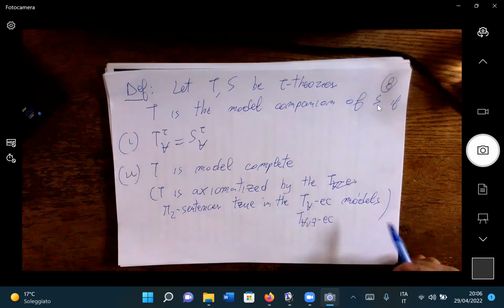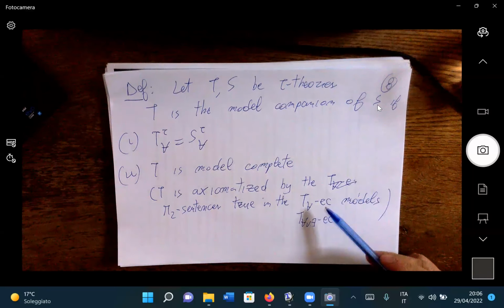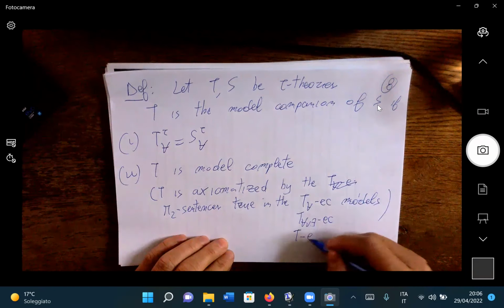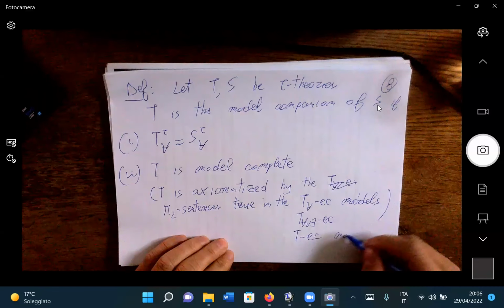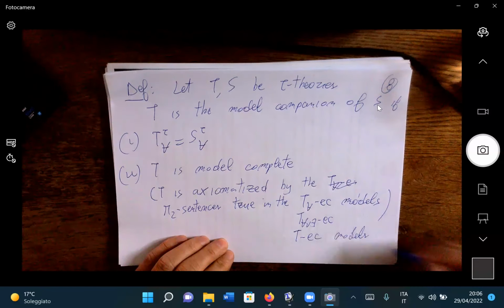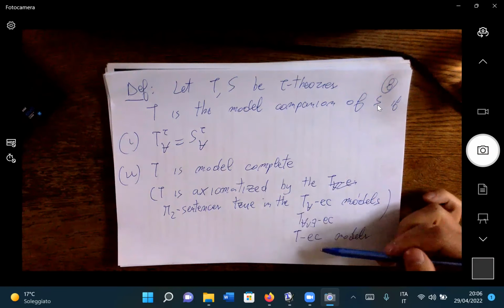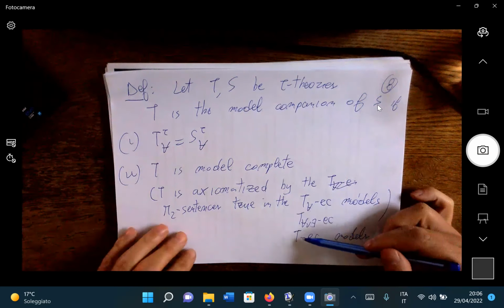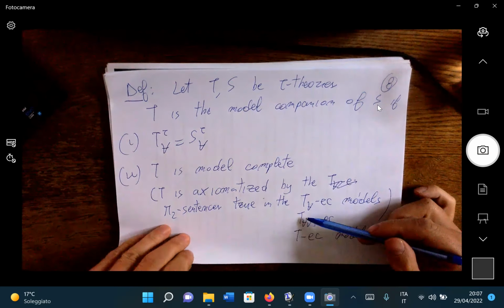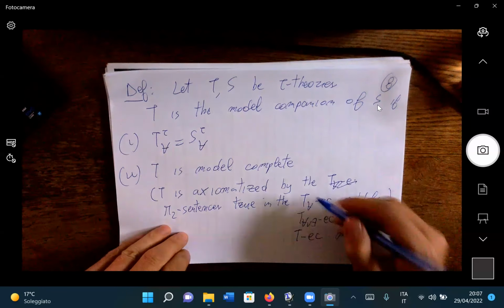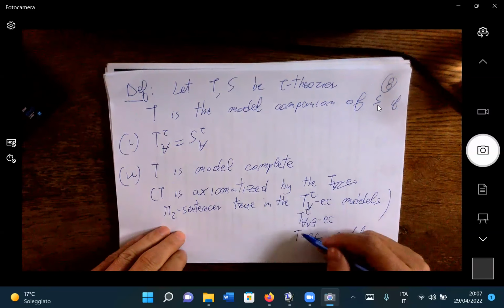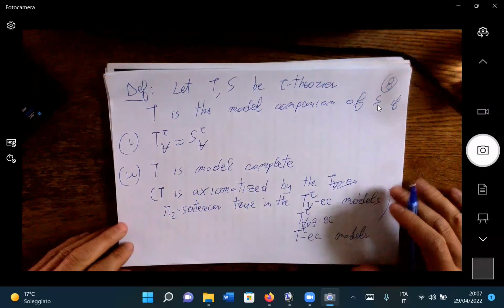Okay, it can be checked that in this specific case, or equivalently TEC models, because the universal fragment of these three theories are the same. The universal fragment of T is the same as the universal fragment of T for all well exist, and is the same as the universal fragment. Okay.